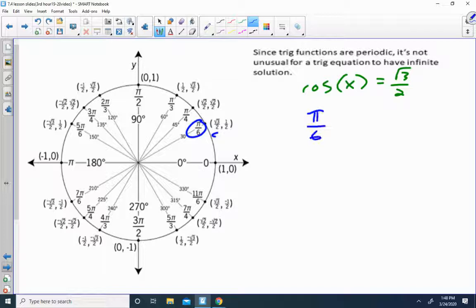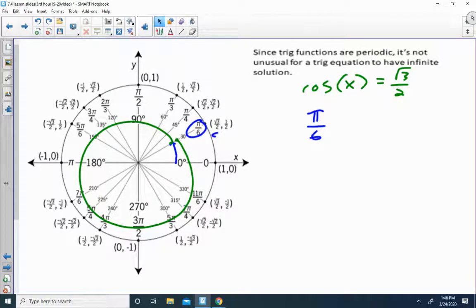So pi over 6 could be a solution. But you know, from the previous example, that if I were to add 2 pi to that, that would still work. That would still get me cosine is 3 pi over 2.